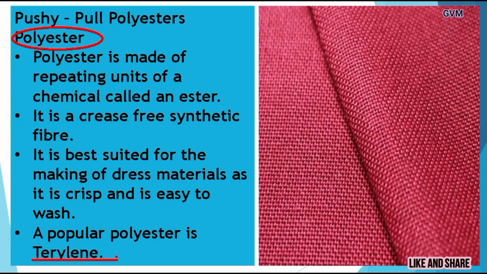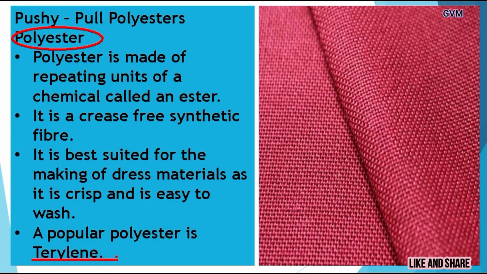And students, as I said, polyester is strong, wrinkle resistant and water resistant. So it has several uses: it can be used to make a variety of textiles and can be blended with natural fiber, and it can also be used for making films, magnetic recording tapes, etc.